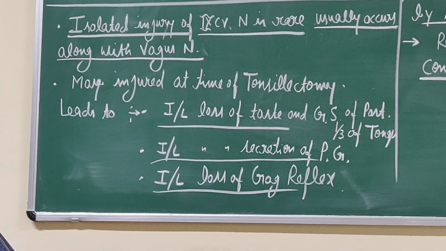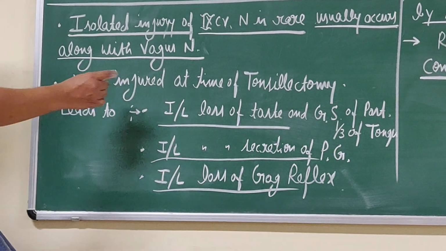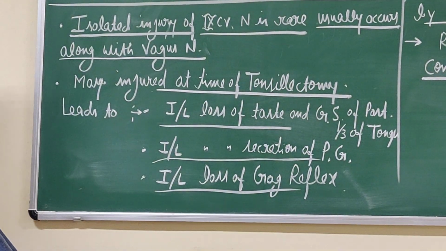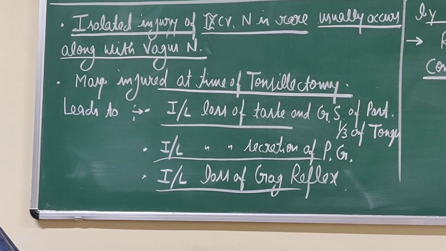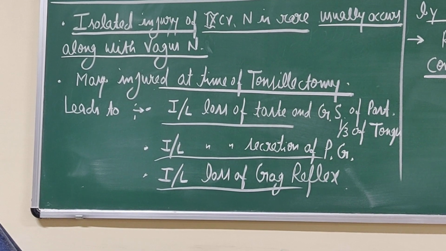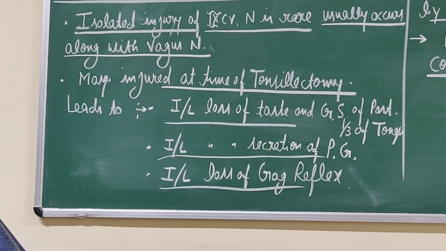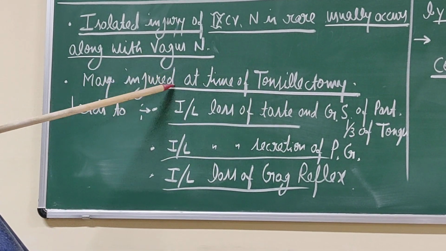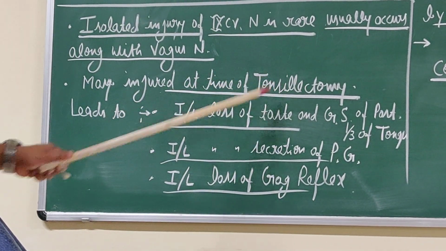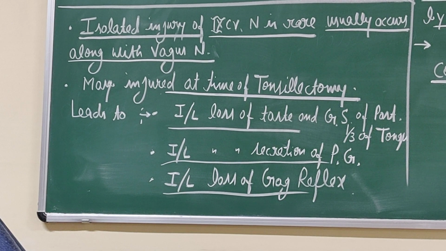The most common cause of injury to this nerve is tonsillectomy, because it comes in relation to the lateral surface of the tonsillar fossa. So there is a chance of injury of the glossopharyngeal nerve at the time of tonsillectomy.